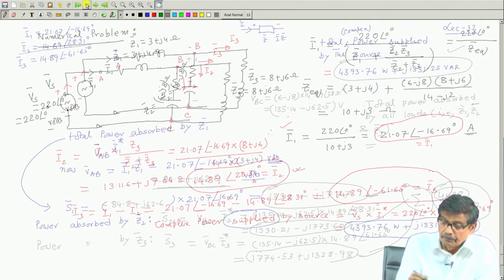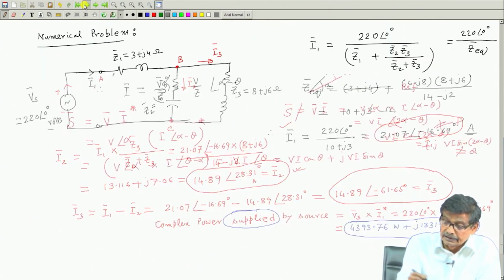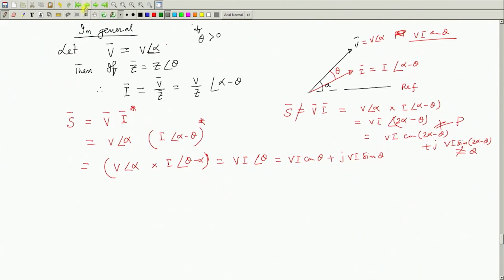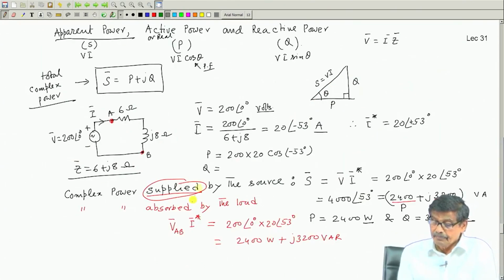The important point I want to make, for example, in the previous simple problem, that RL circuit problem, we calculated the power supplied by the source was 2400 plus j3200, P plus jQ. So, active power supplied by the source was 2400 and reactive power supplied by the source was 3200.